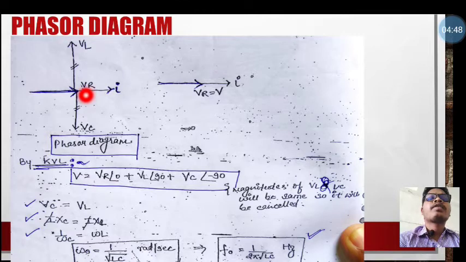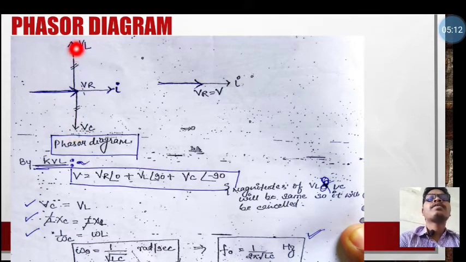The voltage across the resistance is in the same phase as the current, so VR is here. The voltage across the inductor leads the current by 90 degrees, and the voltage across the capacitor lags the current by 90 degrees, so it is here.